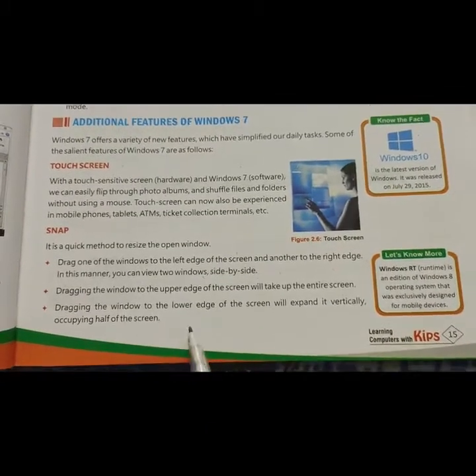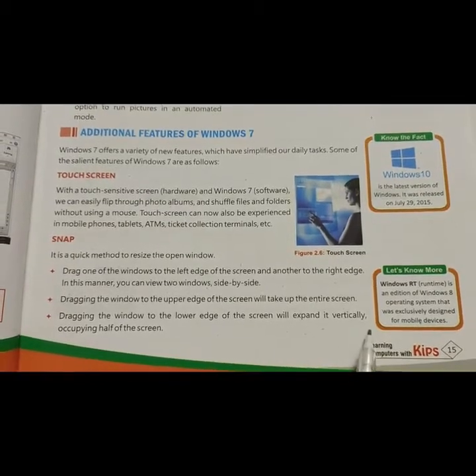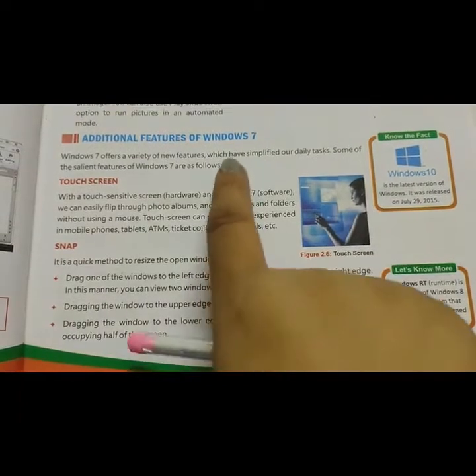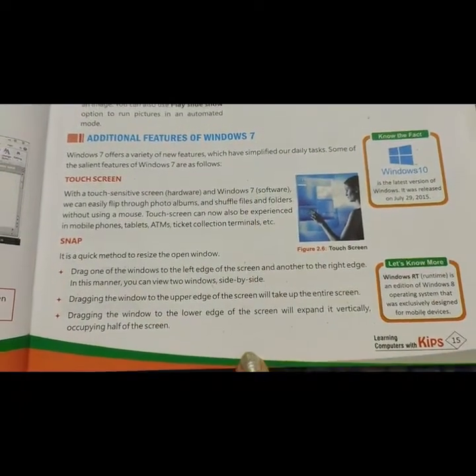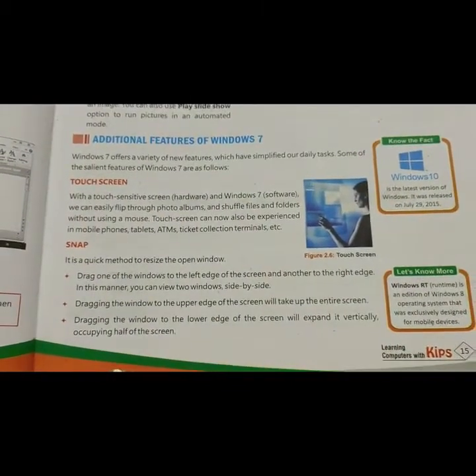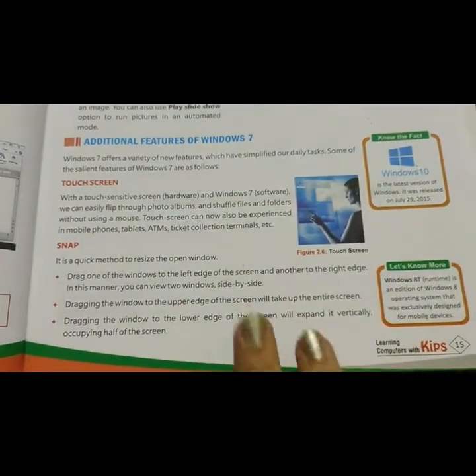Dragging the window to the lower edge of the screen will expand it vertically, occupying half of the screen. So this is also a dragging method where you can change the size of the window.